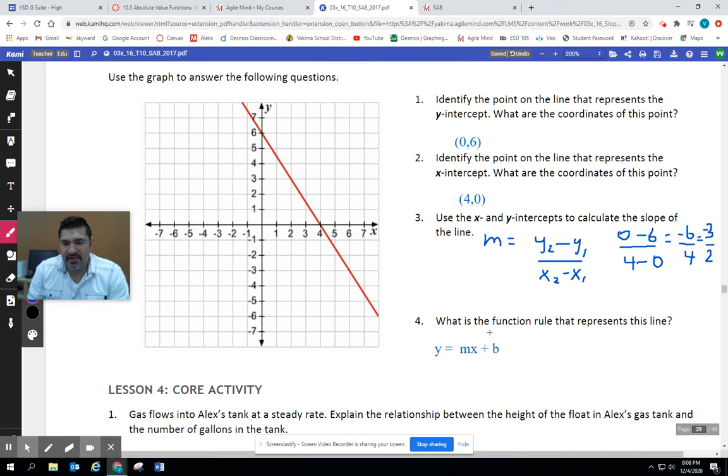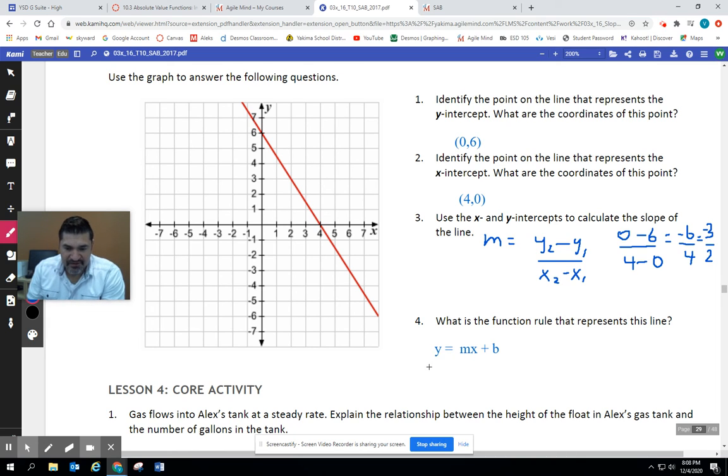Okay, so to make a function rule, we have to know two things. Think about this. We have to know the y-intercept, which is b, and we also have to know the slope. Okay, so this is slope-intercept form. I kind of messed up on that. It should be slope-intercept form. We have to know two things: the slope and the intercept.